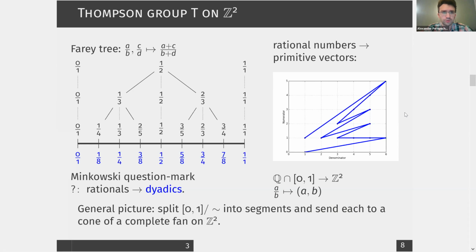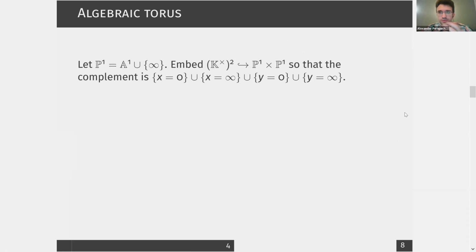Okay, it works. So an example: here's an algebraic torus. First of all, the algebraic torus of dimension 2 is (k without 0) squared, where k is the base field. We embed it into P1 times P1, and we take natural coordinates on each P1. X is the coordinate on the first copy, and we just say that X is infinity at the point at infinity.